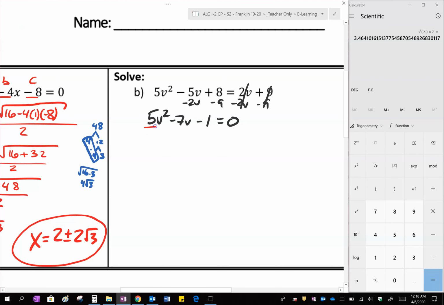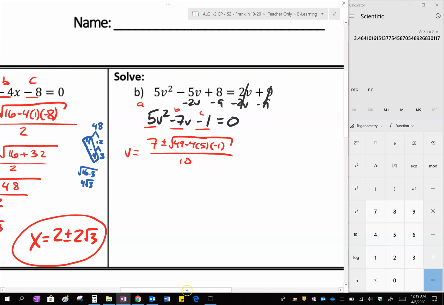So we got a is 5, b is negative 7, and c is negative 1. So v equals the opposite of b, which is 7, plus and minus the square root of b squared, so 49, minus 4 times 5 times negative 1, all over 2a, which is 10.